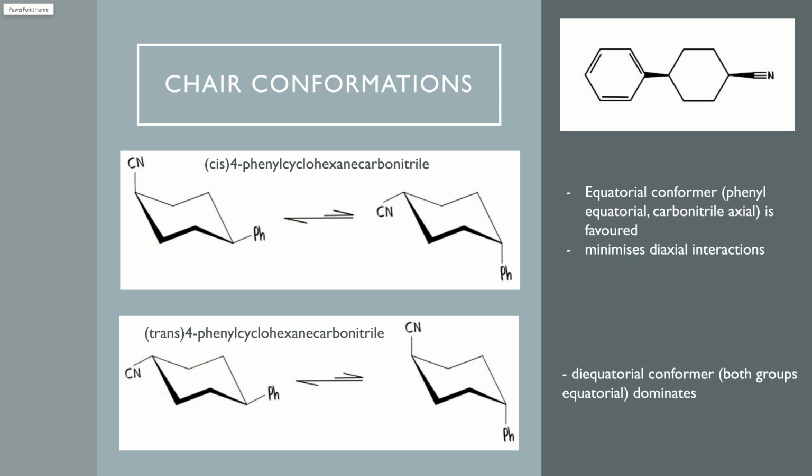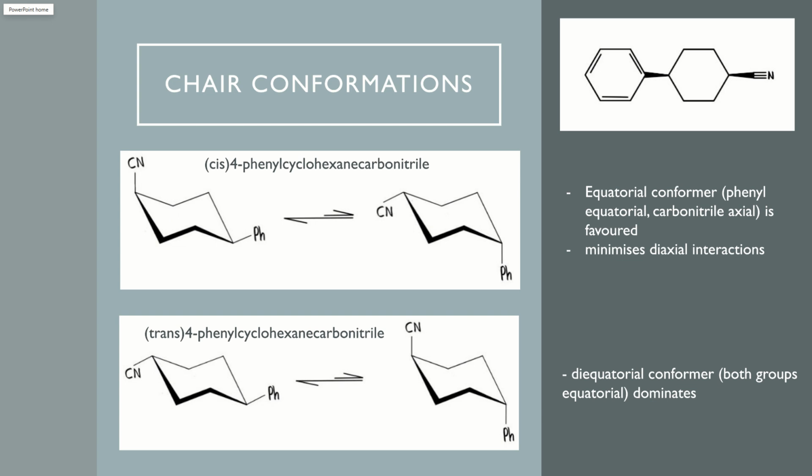However, the phenyl group has a higher preference for the equatorial position compared to the nitrile group. Therefore, the equatorial conformer over here is favoured. It will be more stable and more populated at the equilibrium.